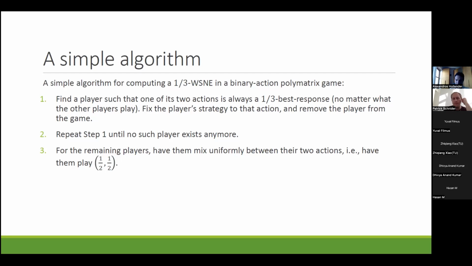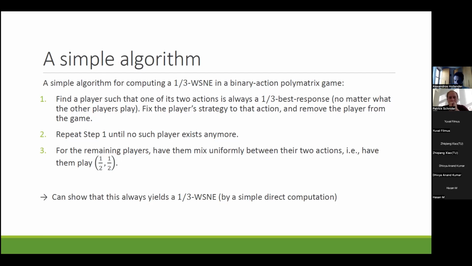So the idea is just to eliminate players who have a pure 1/3 best response, and then let the remaining players mix uniformly between the two actions. And it turns out you can show by direct computation that this always gives a 1/3 Nash equilibrium. So this is a pretty simple algorithm.